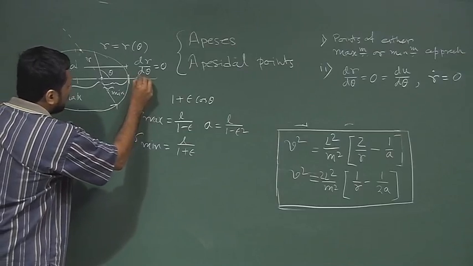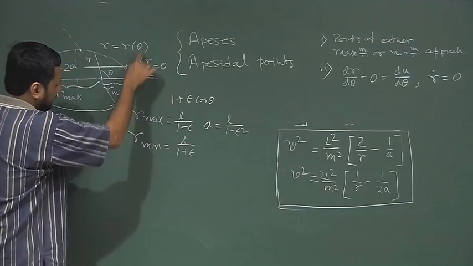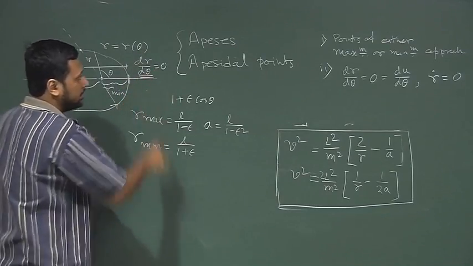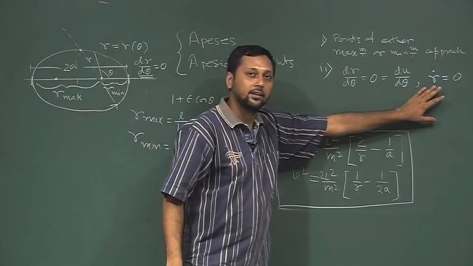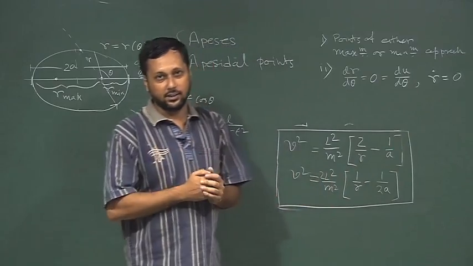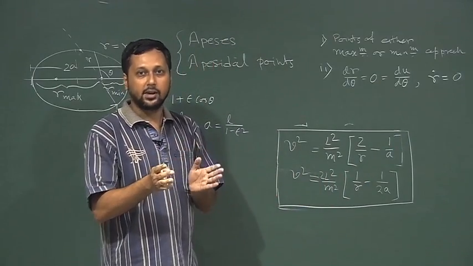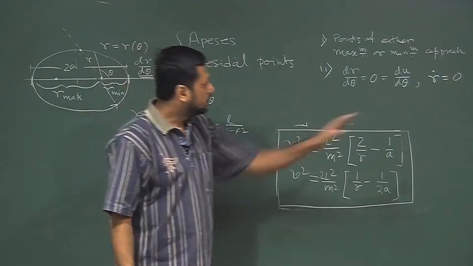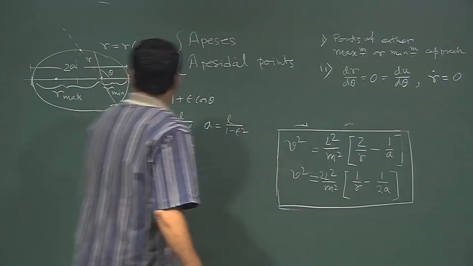So, not only the theta derivative of r will vanish, but also the time derivative of r has to vanish, because it is also an extremum point in the space time trajectory, either minimum or maximum point, right. So, r dot will also vanish.